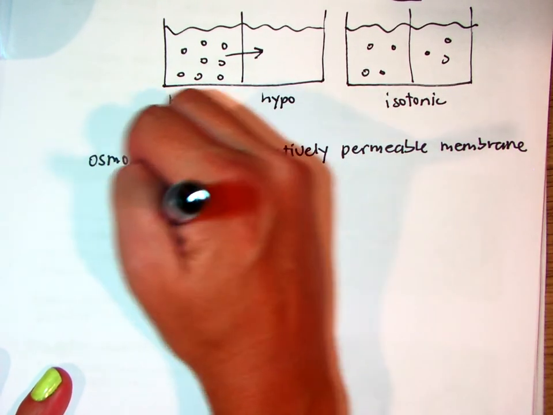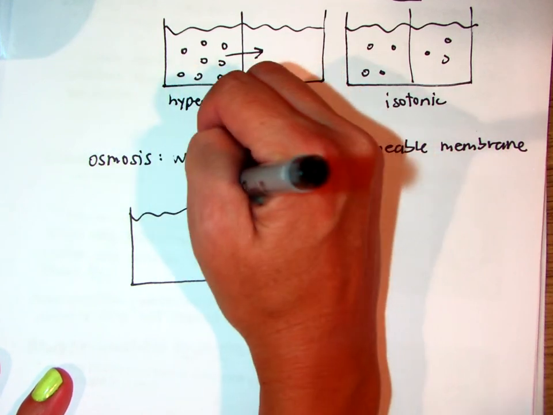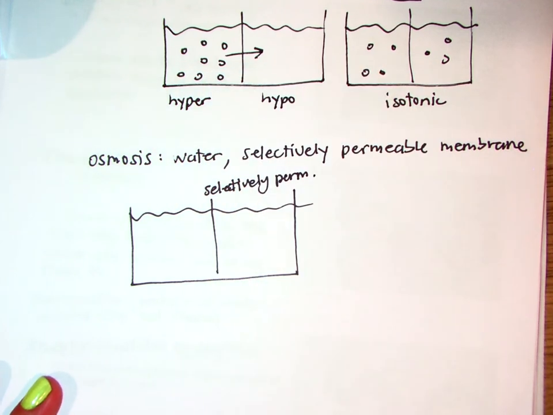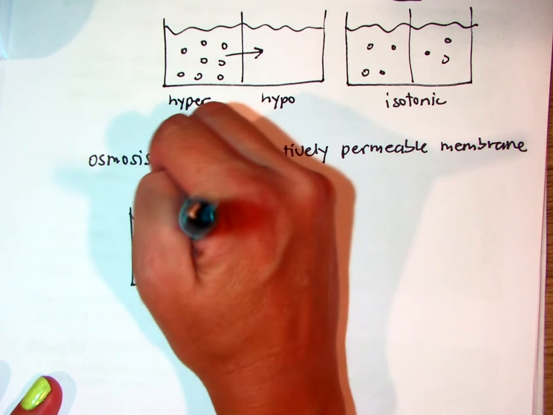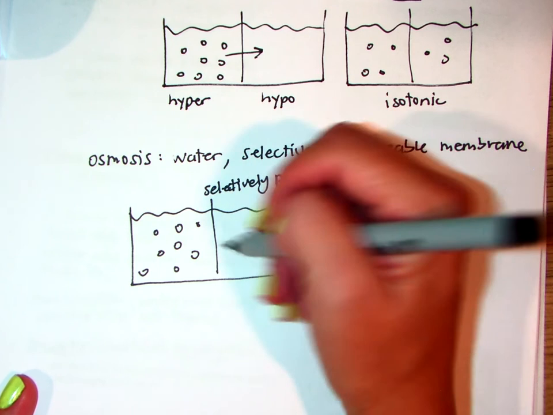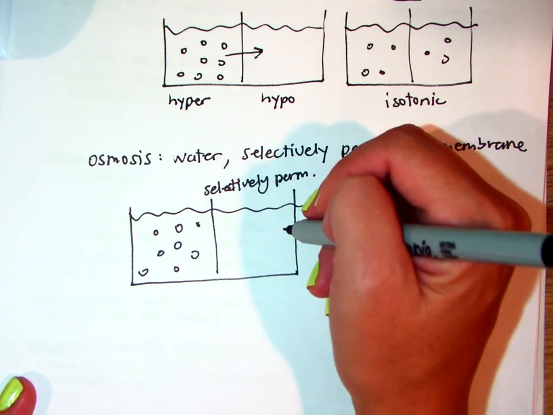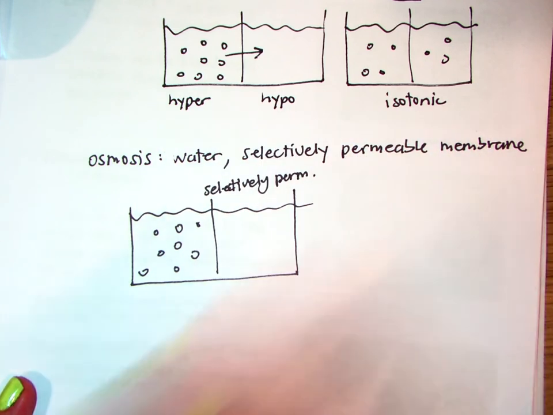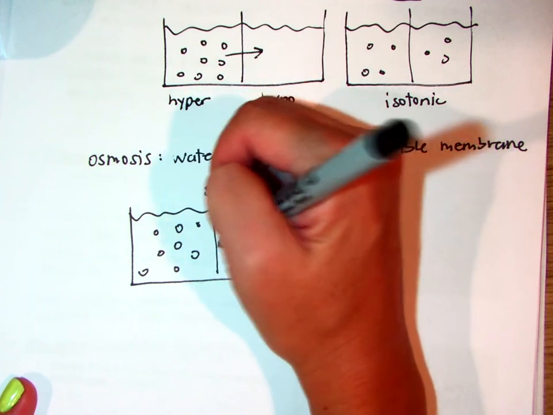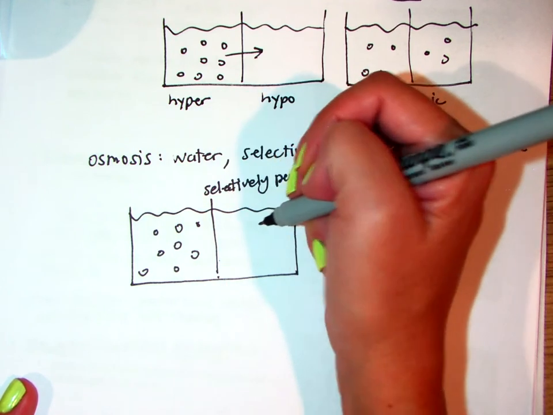Let's do the same situation, but this membrane here is selectively permeable. Here, I'm not showing the water molecules, but it does let water molecules freely pass, but it doesn't let the solutes freely pass. Just imagine that the solutes are too big and the pores are too small.